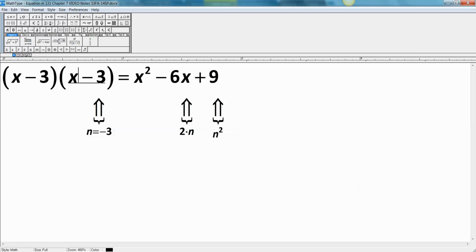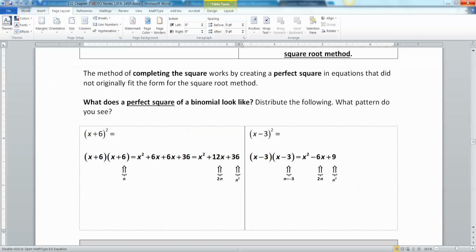And then x times negative 3 is negative 3x. X times negative 3 is negative 3x. So outers and inners are both negative 3x. So when you add them, that makes negative 6x. Right, there's your outers plus inners. And then your last is negative 3 times negative 3, which is 9. And you can see negative 6x is 2 times n, right? 2 times negative 3. And 9 is negative 3 squared, which is n squared.